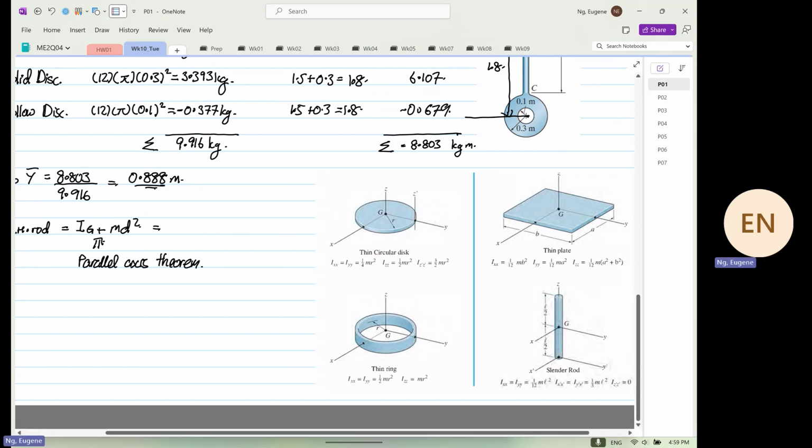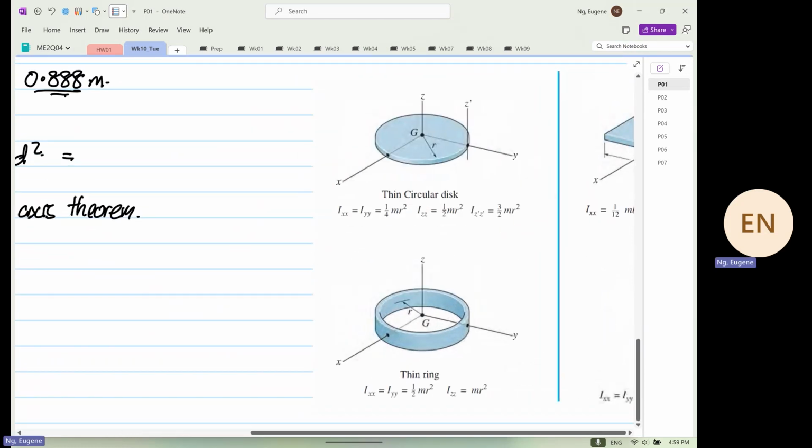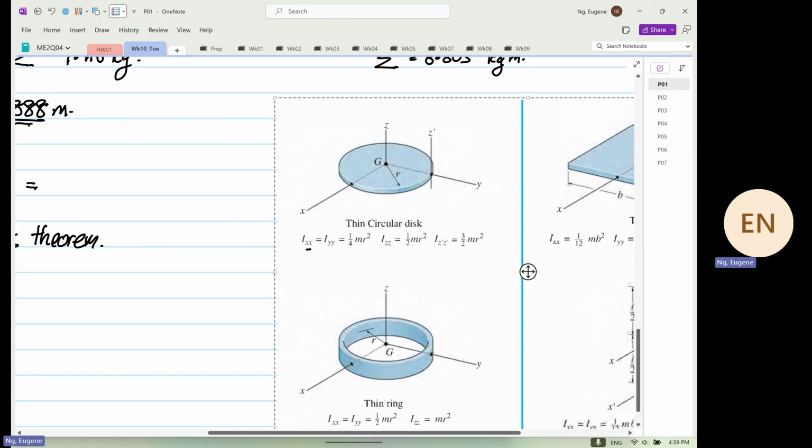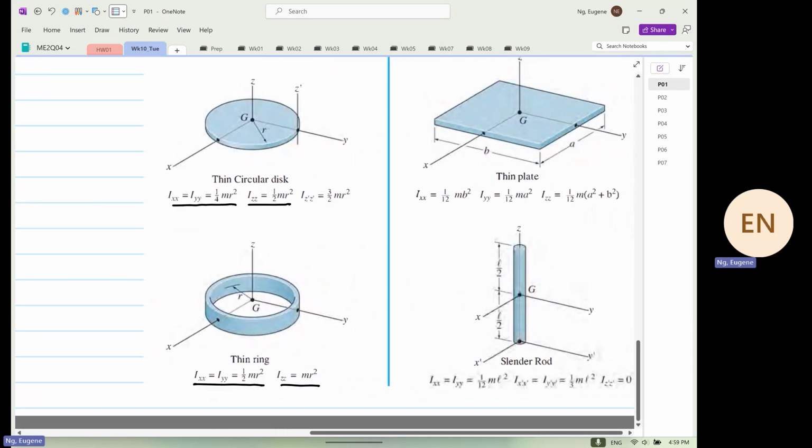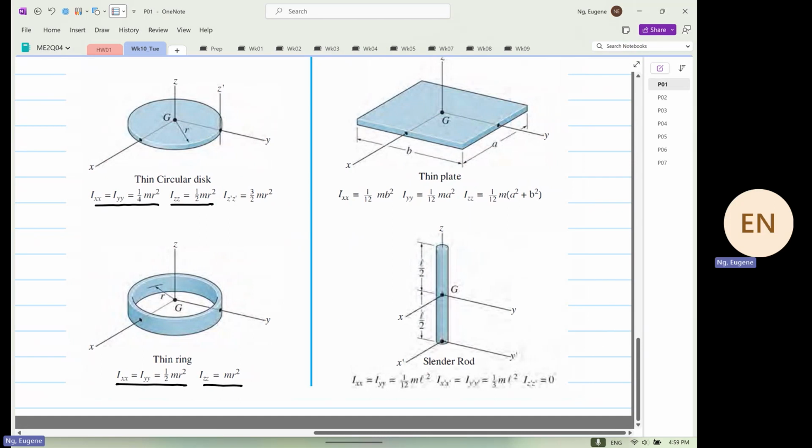You can only use the parallel axis theorem on IXX, IYY, or IZZ. You can only use them on IXX, IYY. Now X prime, Y prime, Z prime, you cannot use the parallel axis theorem. Are we clear? So this one, you can use the parallel axis theorem.